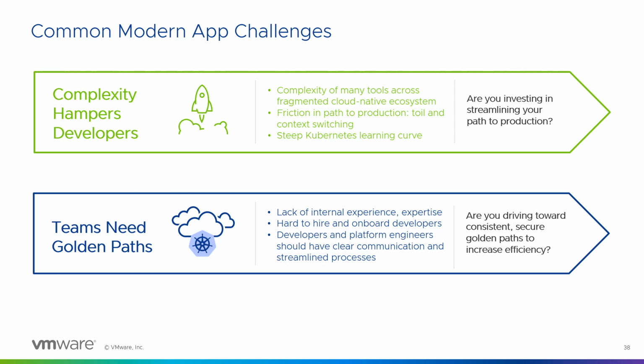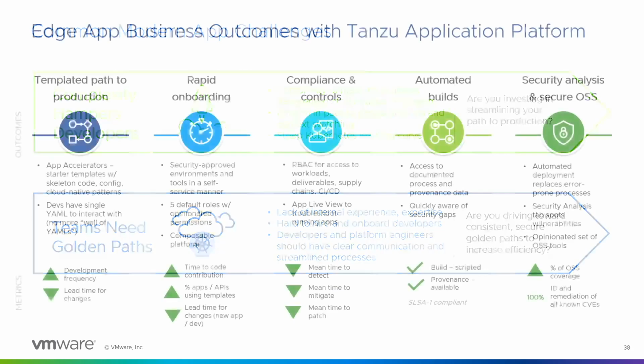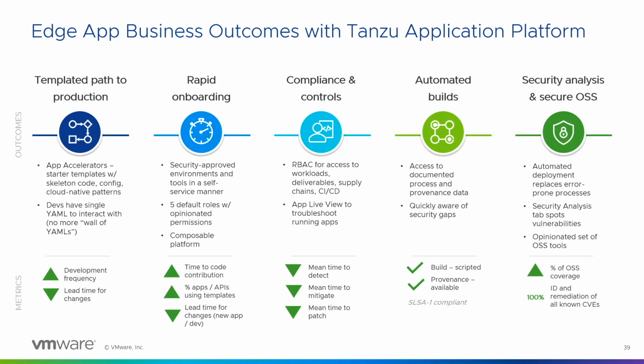Well, there are things that can be done to reduce the complexity or make it easier with the concept of golden paths, and I'll explain that as I go through this. Those challenges exist in the data center as they do at the edge. So VMware builds a platform called Tanzu Application Platform.